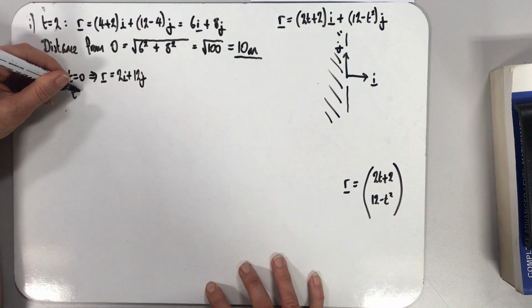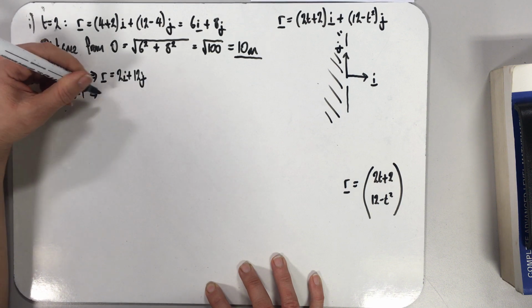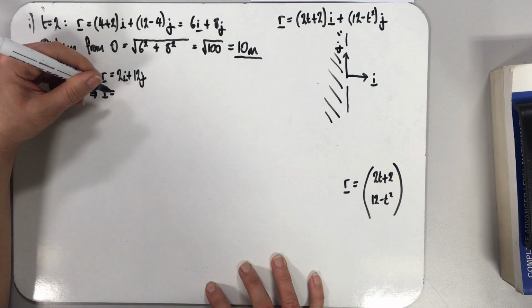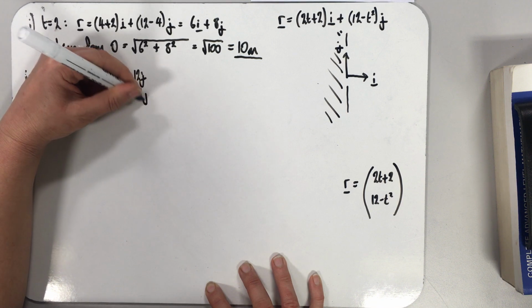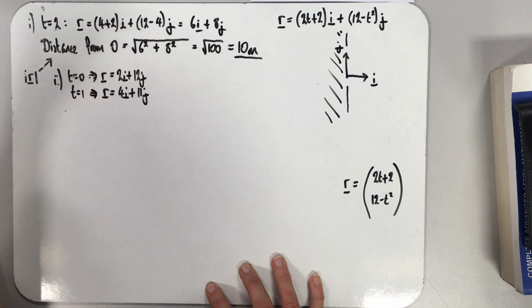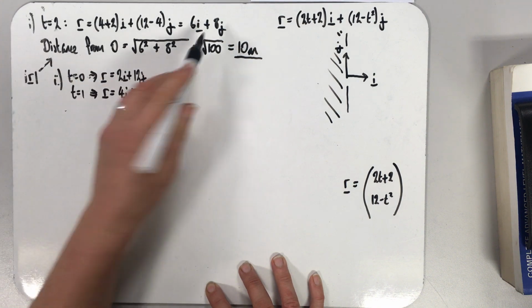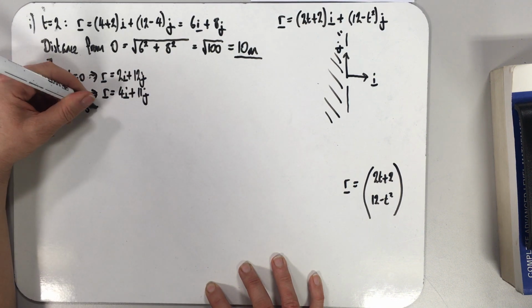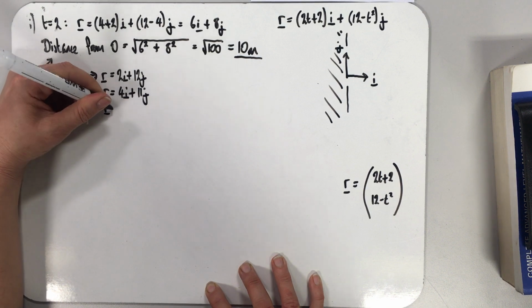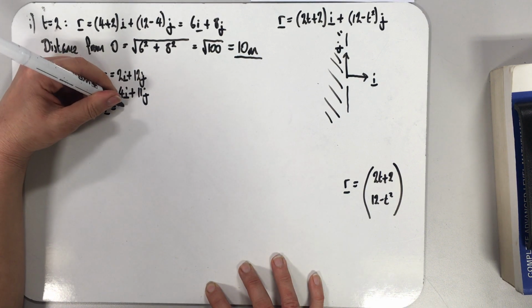When t is equal to 1, r is equal to 4i plus 11j. When t is equal to 2, we've got 6i plus 8j. And when t is equal to 3, r comes out as 8i plus 3j.